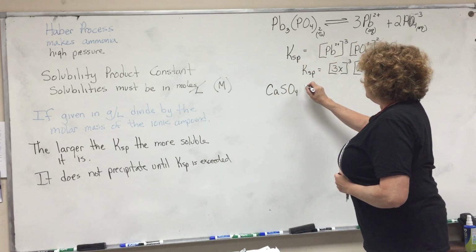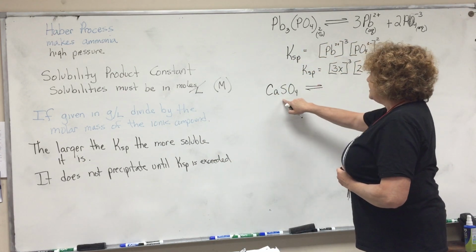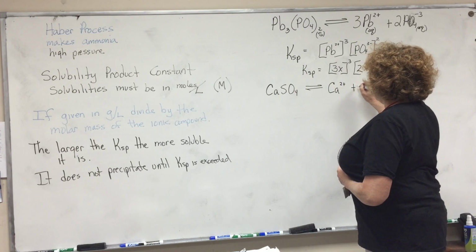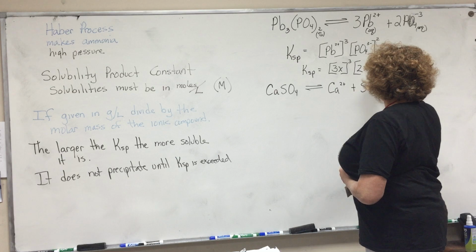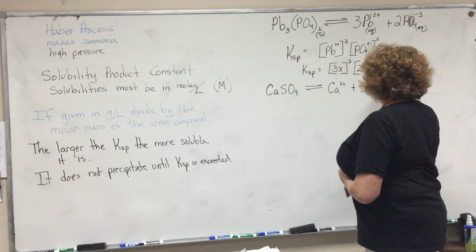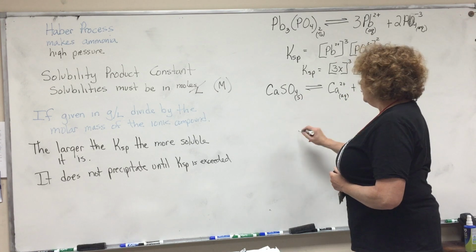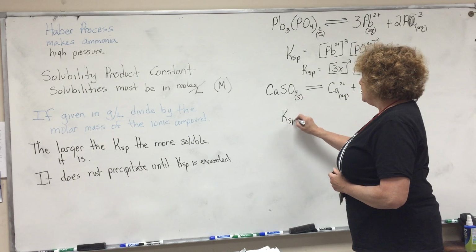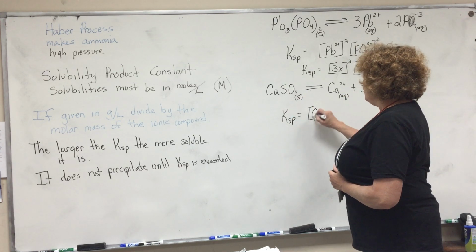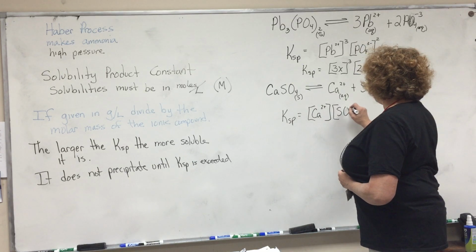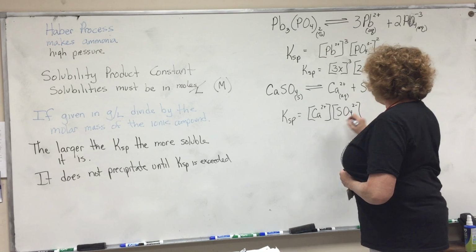Let's look at this one. If I write this, I get calcium and sulfate. And notice there's only 1 of each. And this is a solid. So the Ksp expression of this would simply be the product of the two.